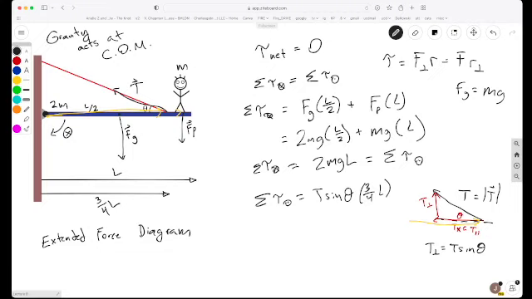We know the tau going out of the page, or that wants to rotate this plank counterclockwise, is equal to the tau that wants to rotate it the other way. They balance out, and so these two expressions, as we've now written, are equal to mgL. The total torque going into the page is equal to T sine theta times 3/4 L. So this is our final torque balancing equation.